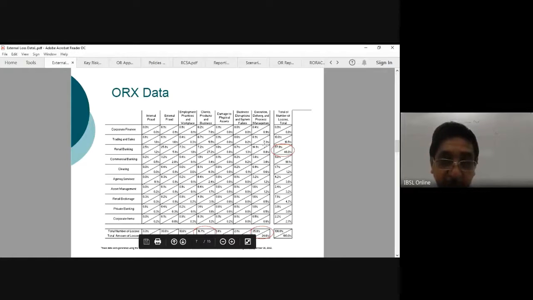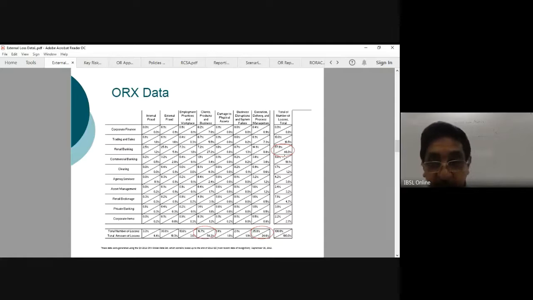Now, for example, there are 3 rounded places, and this one is coming under retail banking in the horizontal line, and it says 57.9% and 46%. So what is the meaning?